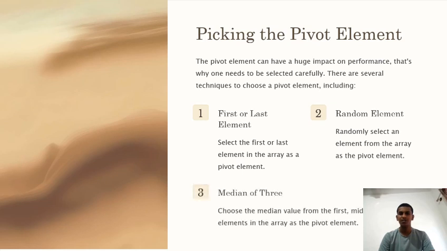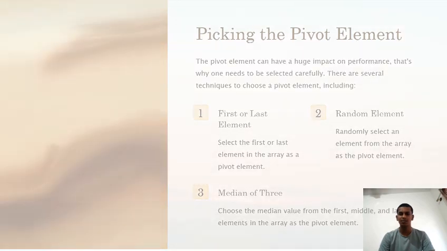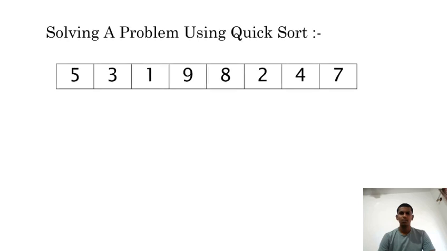Now let's solve a problem using Quicksort. Now I'm going to take the values 5, 3, 1, 9, 8, 2, 4, and 7. Now let's take 5 as a pivot element.